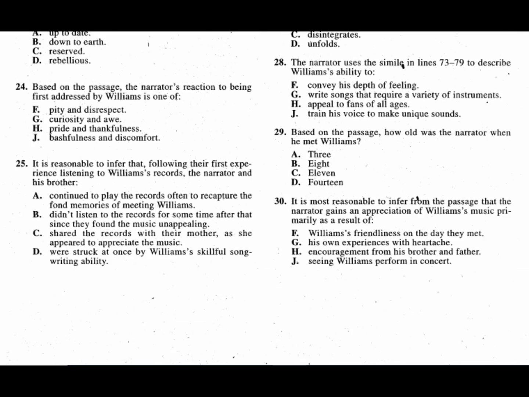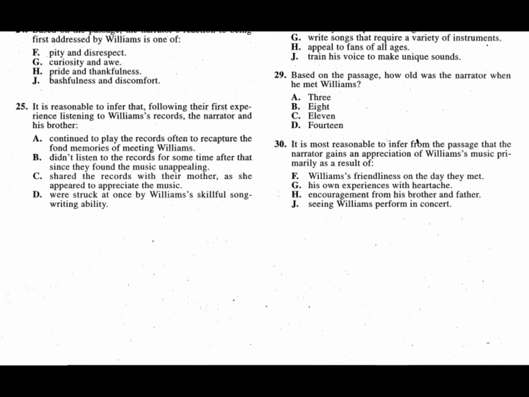The second thing is if you look over at the answer choices, we're going to use our old tools. One is subgenius mapping, by looking at your answer choices and then basically just labeling them positive or negative with the good stinky rule. Williams' friendliness, that's positive. His own experience with heartache, negative.